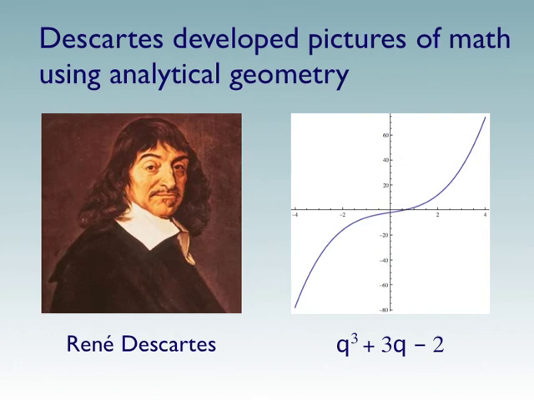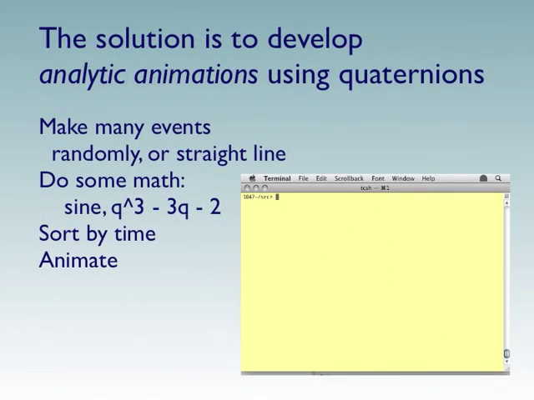We have this polynomial expression, and that's pretty abstract, but it helps to generate a picture that has precisely the same information, but since we are so visual, we can get a handle on what it means much more quickly. So the solution to this riddle is to develop analytical animations using quaternions.